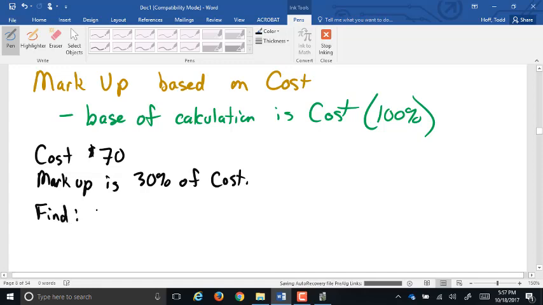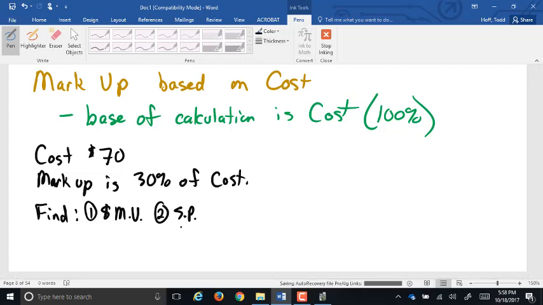Find the dollar markup. I'm going to start abbreviating markup as MU, by the way. And the selling price. When we ask for cost or selling price, we're always implying that it's a dollar amount. For markup, we have to specify whether it's a percent markup, the 30% is the percent markup on cost, or if it's the dollar markup.